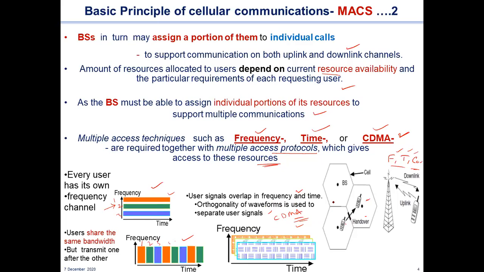Actually, covering a large geographic area with a limited amount of spectrum leads to the reuse of the frequency in multiple locations. I repeat again: covering a large geographic area with a limited amount of spectrum leads to the reuse of the frequency in multiple locations.